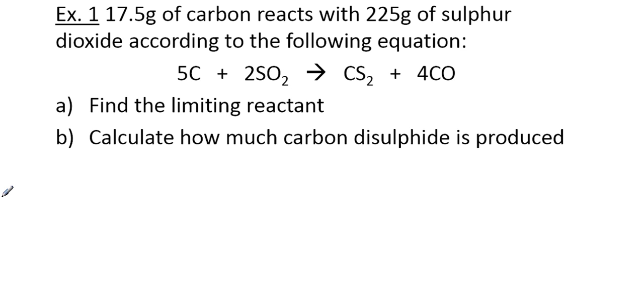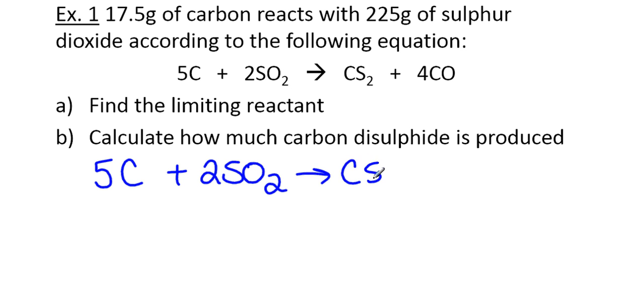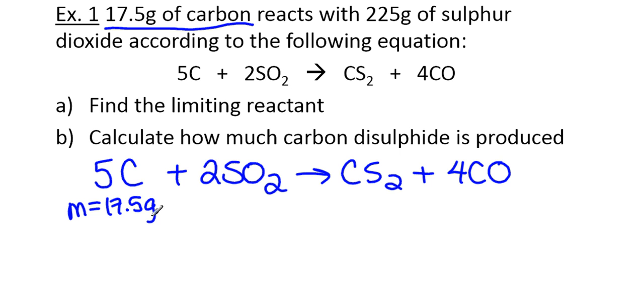So, like all of the other problems, I always suggest rewrite your equation, and let's try and organize our data before we do anything else. So there's my balanced equation, and I'm going to write down what I have: 17.5 grams of carbon and 225 grams of sulfur dioxide.